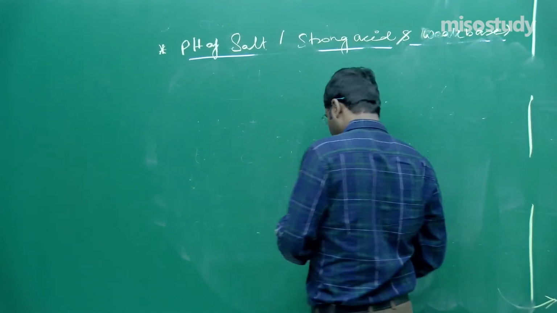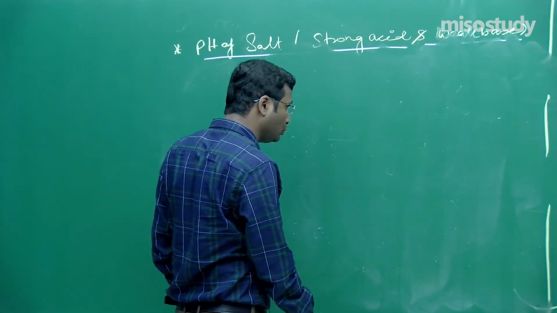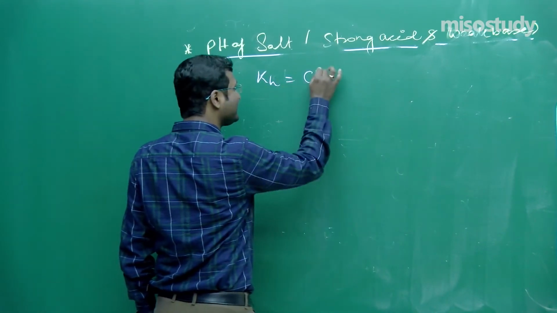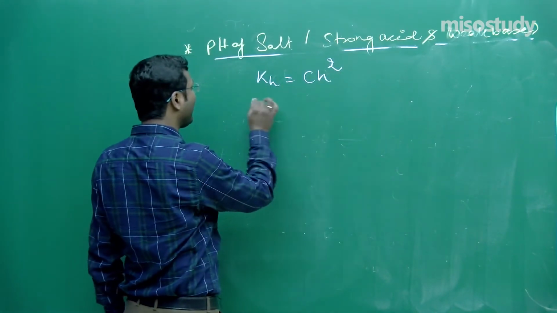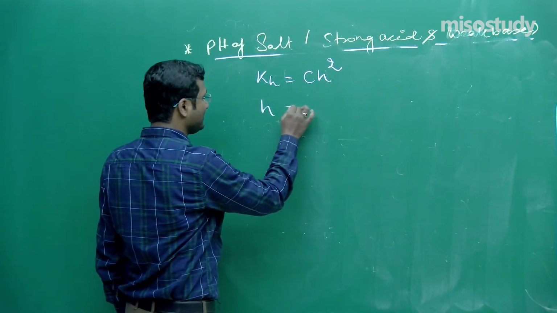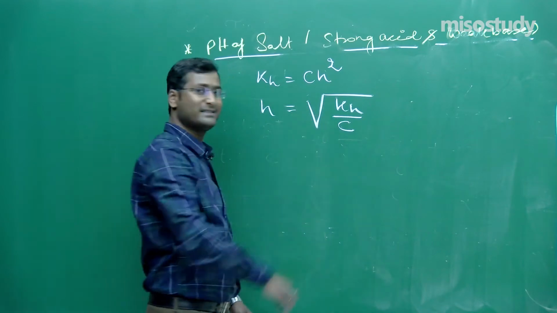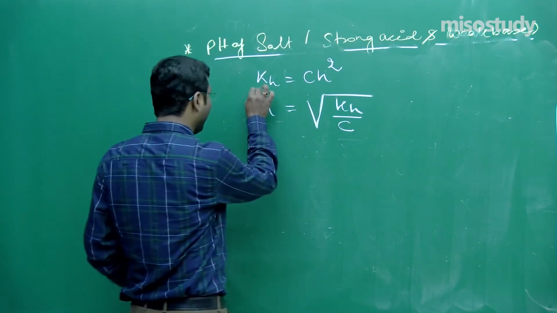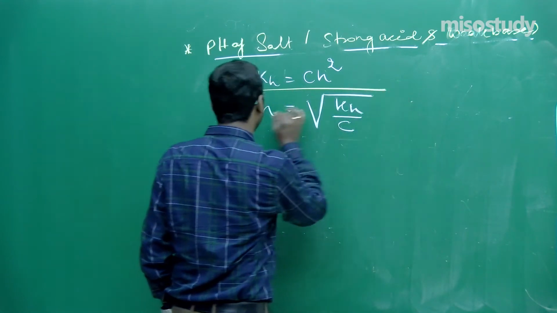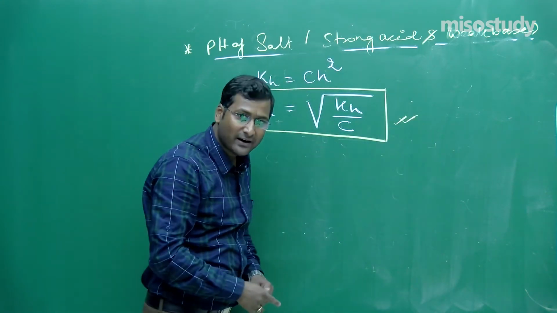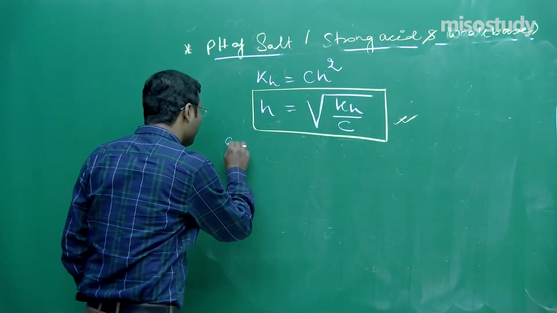Now, look at what to do. Here the expression was Kh is equal to Ch square. So you can write H is equal to root under Kh upon C. This is the value of H in terms of Kh and C. Now it's very simple.